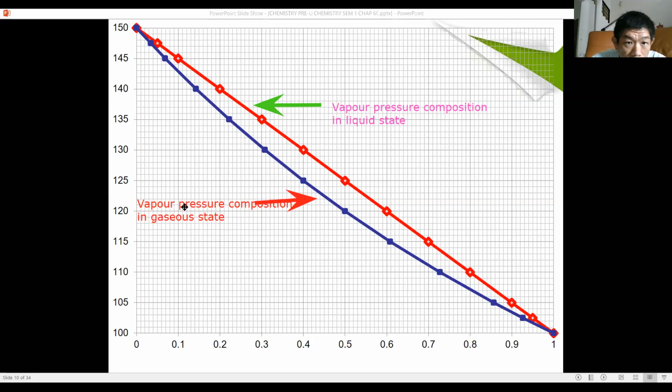So do you see the differences here? Okay, so in other words, what does it mean here?